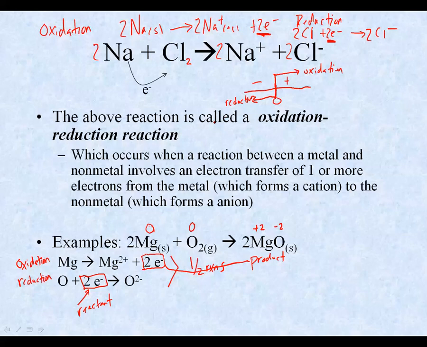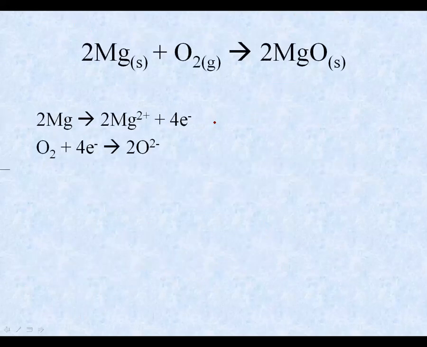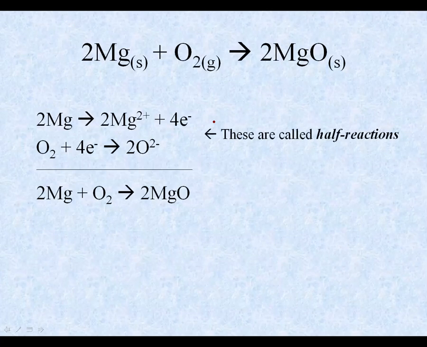So this type of reaction, which is again called a combination reaction, also known as a redox reaction, here again is our balanced one for our magnesium oxide, which we went through. Again, product side for oxidation, reactant side for our reduction.